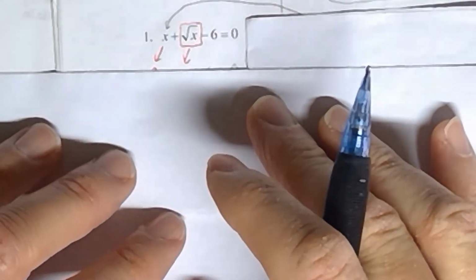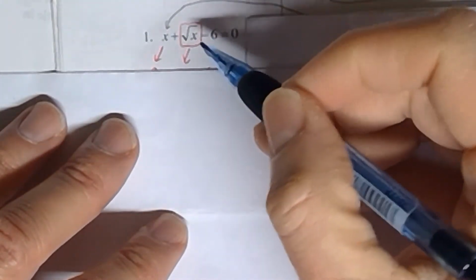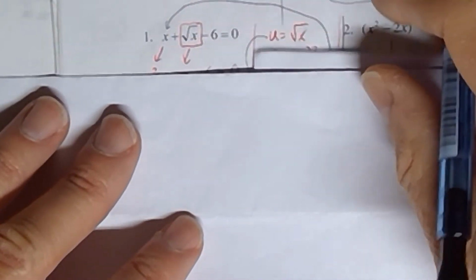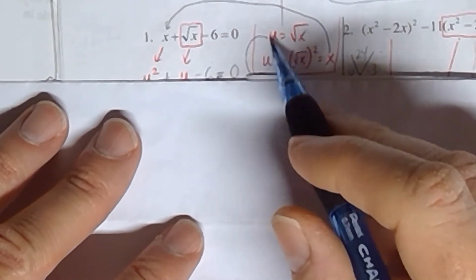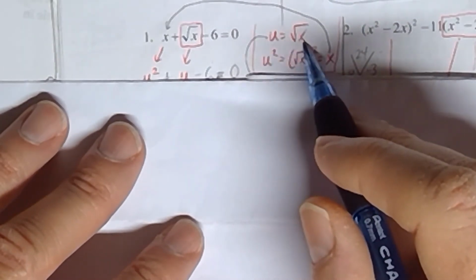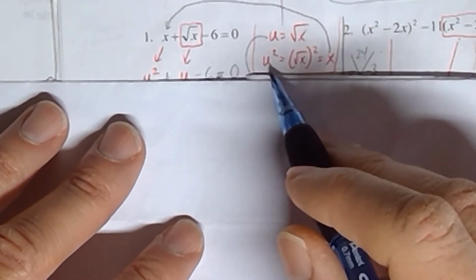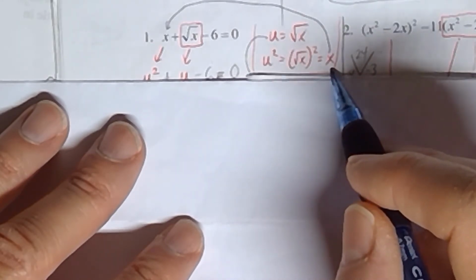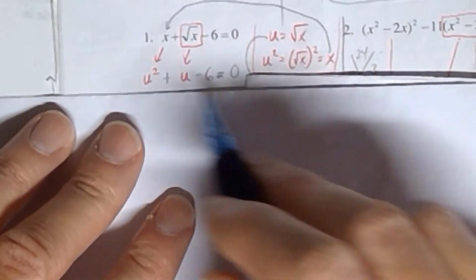Okay, so let's take a look at number 1 here, and you can see that we have something in the middle that when you square it, when you say u is equal to that thing, square root of x, and you square both sides of that equation, you end up getting u squared equal to x, which is something that's in the front.